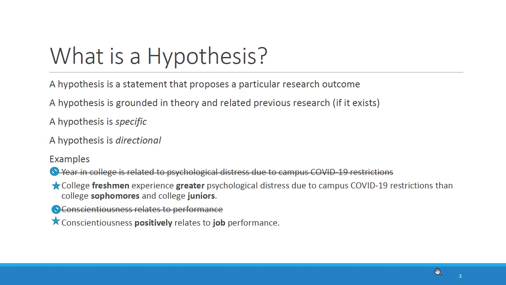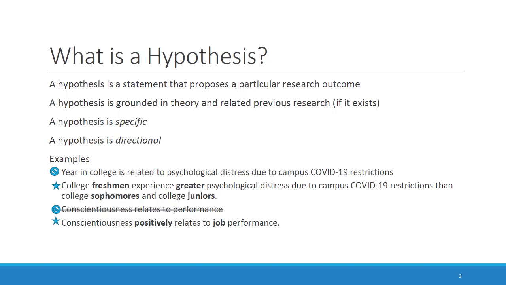Conscientiousness relates to performance. Now, this has problems with being specific and also not being directional. A revised hypothesis would be conscientiousness positively relates to job performance. So we want to be specific about what type of performance we're interested in.